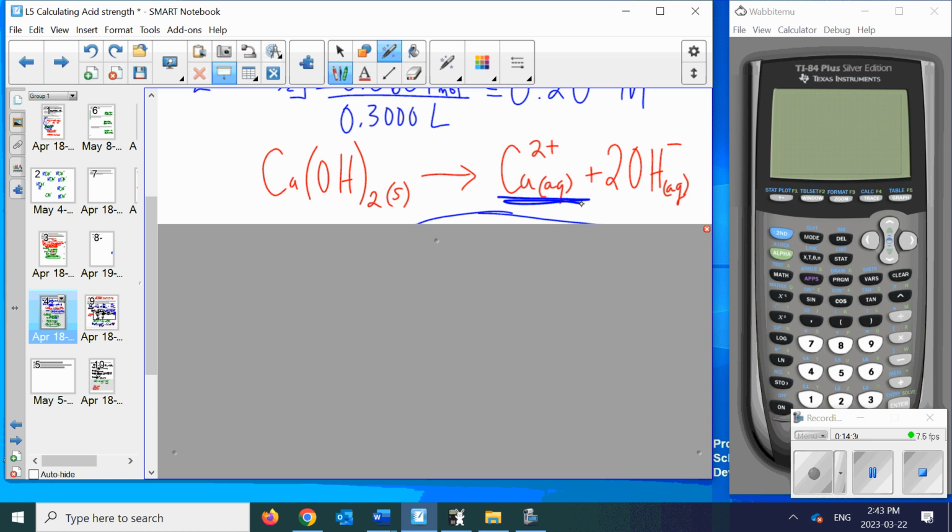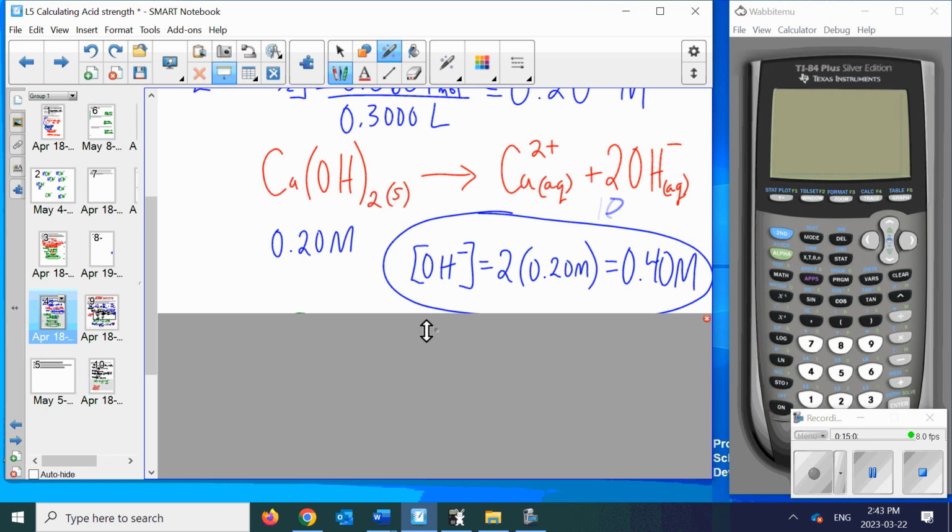Calcium ions, 2 plus, 2 groups of hydroxide. This is important. This is the one thing. 1 to 2 ratio. That means if 5 of these calcium hydroxides were to break up into its ions, we have 10 hydroxides formed.